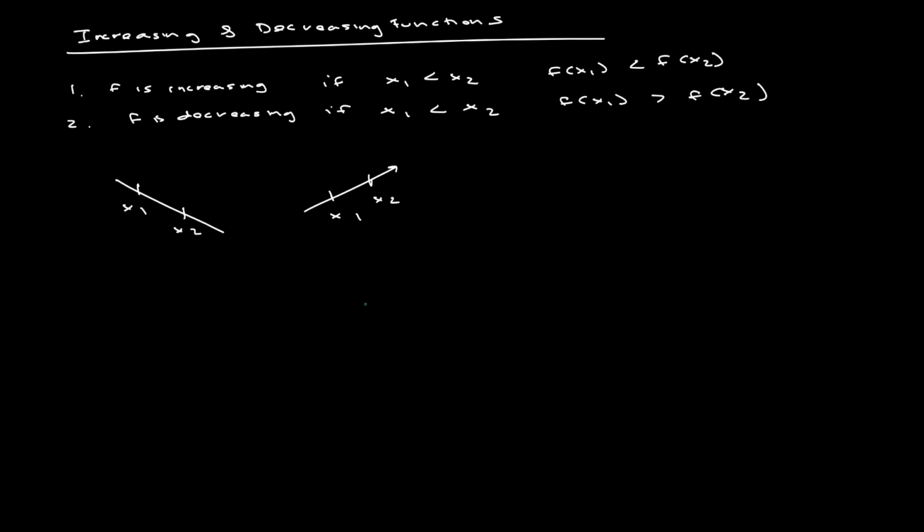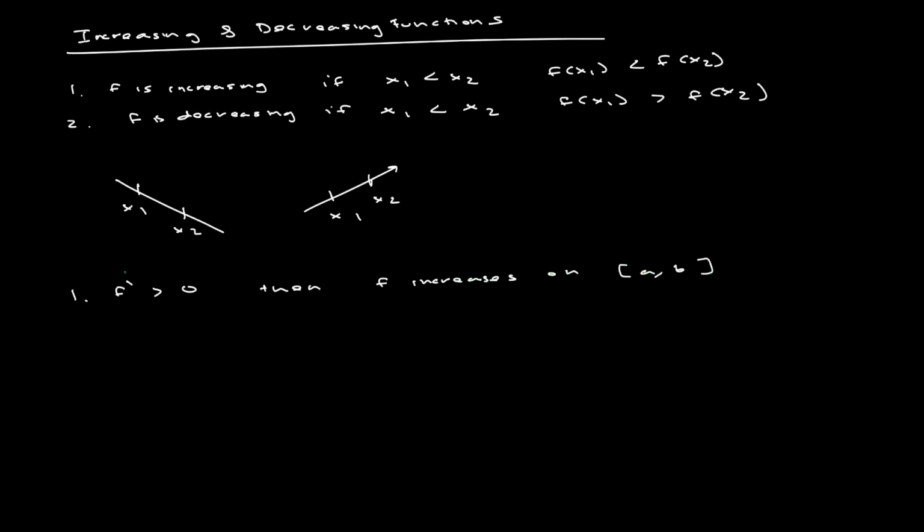And what's cool is we can use derivatives to find out when a function is increasing or decreasing. Specifically, if f prime is greater than 0 on this interval a to b, then f increases on a to b.